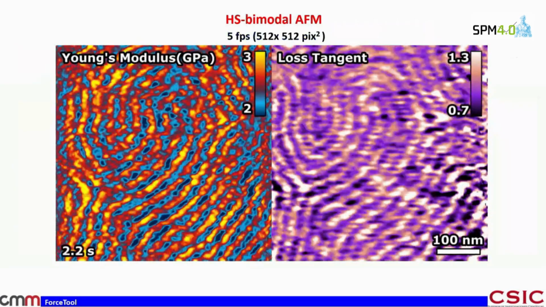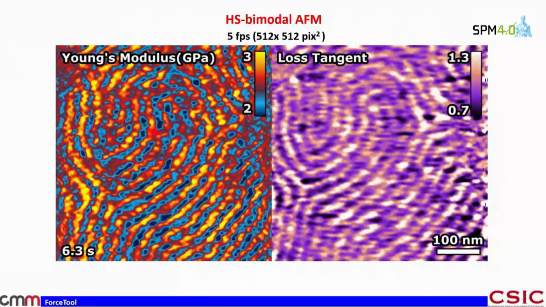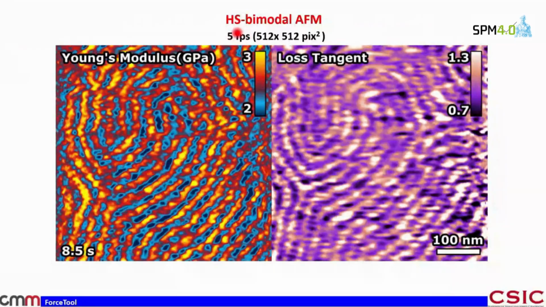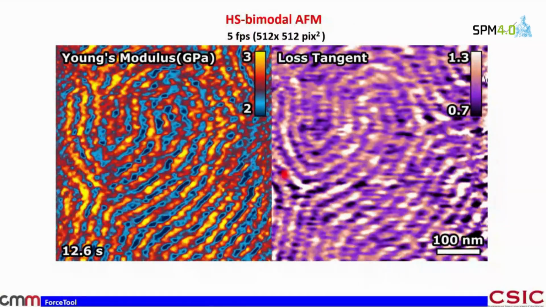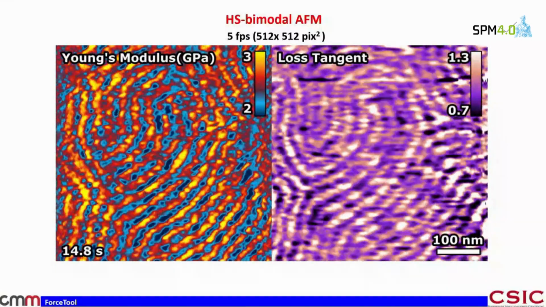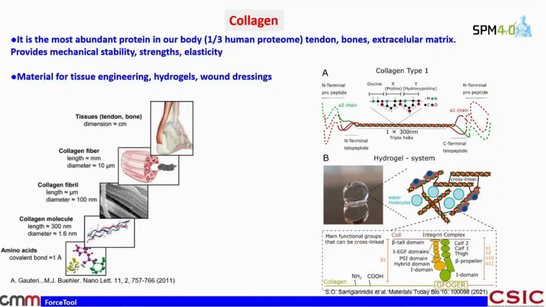So again, this is an experiment where you can really get different properties of the system at 5 frames per second, which is more or less close to the limit of what we can do with our instrument right now. So now we are going to study the dynamics of the self-assembly in the early stages of the collagen molecule.